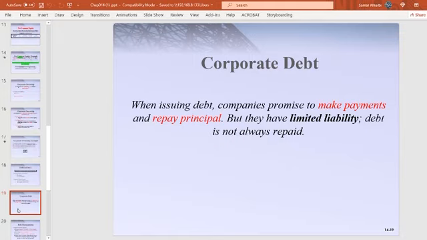One way for the company to raise money is to issue bonds. Now, think of a bond like a stock, but it is not a stock. It has different characteristics. When you issue a bond as a firm, people will buy it, but it's like a loan.